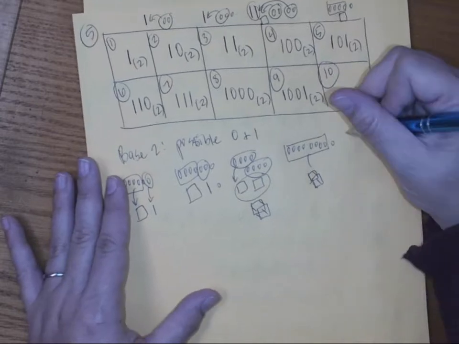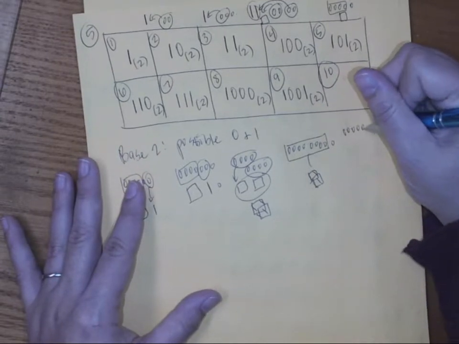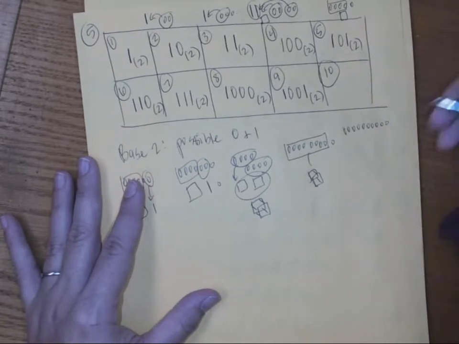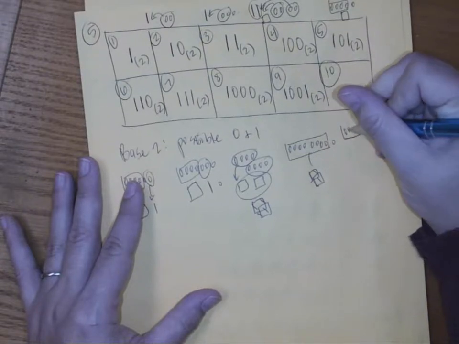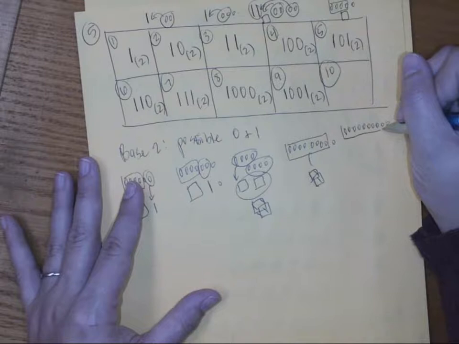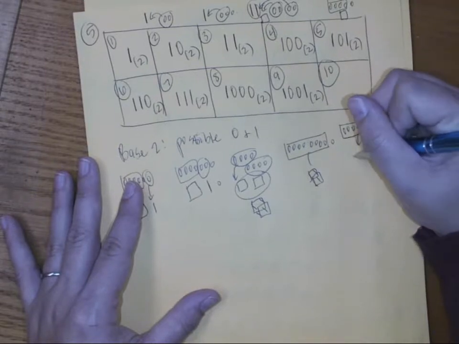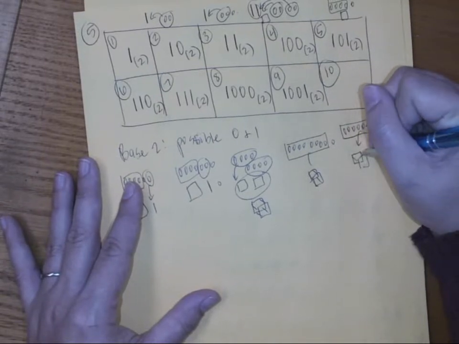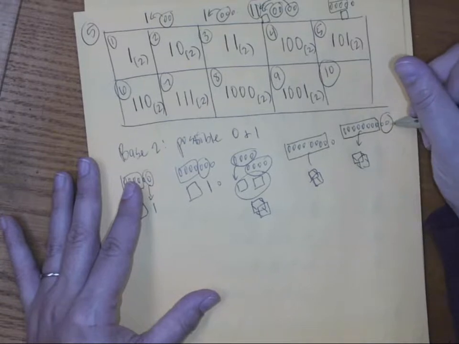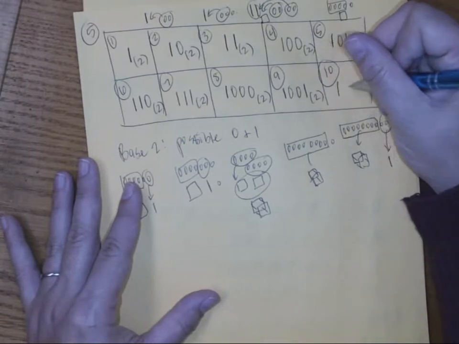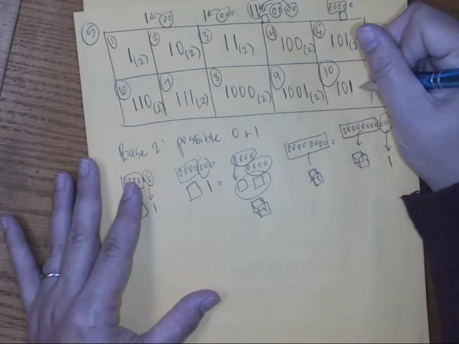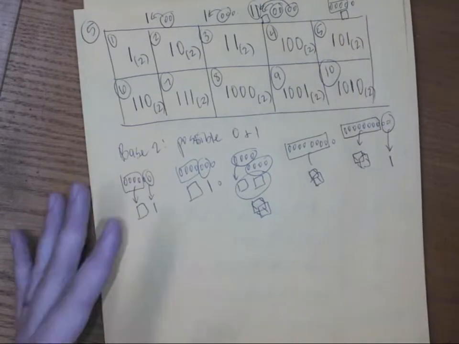And then the number 10 would be 8 plus 2: 1, 2, 3, 4, 5, 6, 7, 8. 8 units turn into a cube, and then 2 units left over turn into a long. So that's 1 cube, 0 flats, 1 long, 0 units.